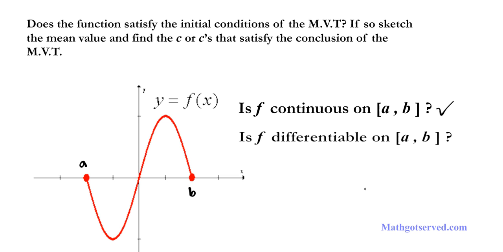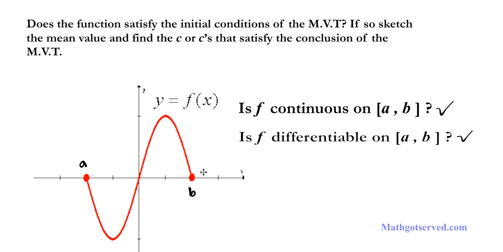So this is good. Now, is the function differentiable? The answer is yes. How do we know that it's differentiable? You want to ask yourself, are there any discontinuities? No. Are there any corners? No. Any cusps? No. Any vertical tangents?